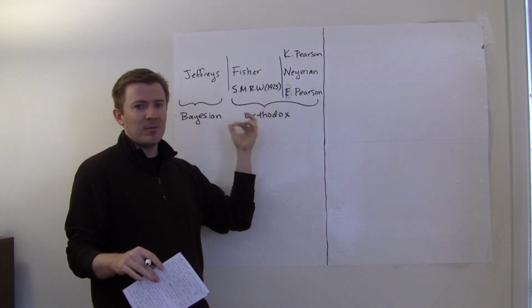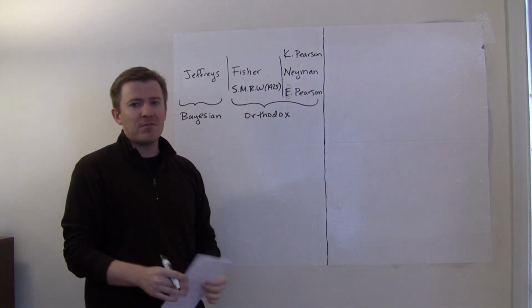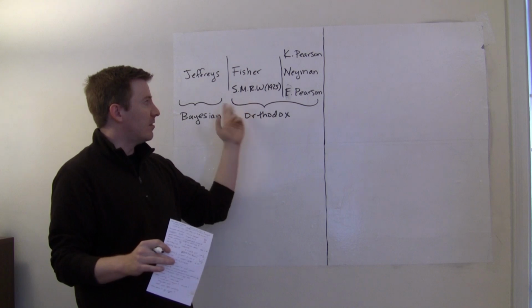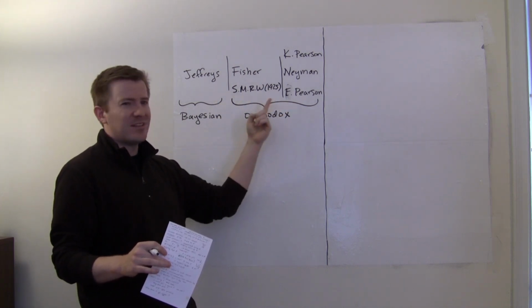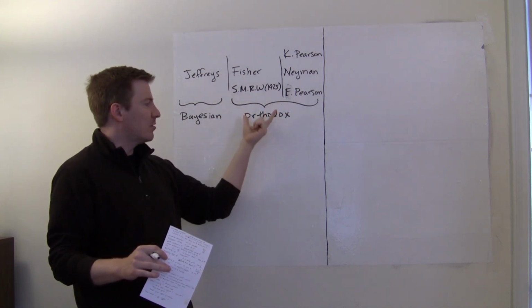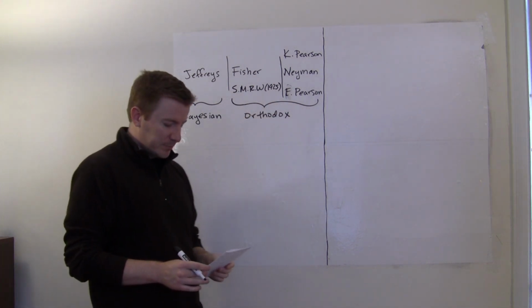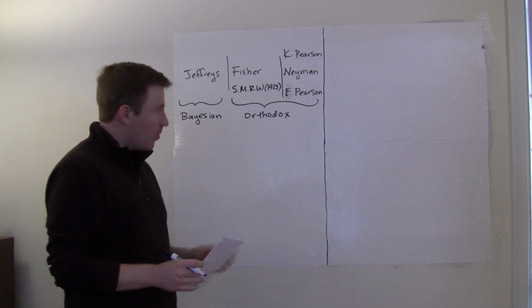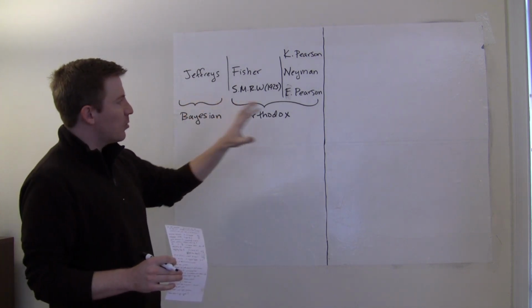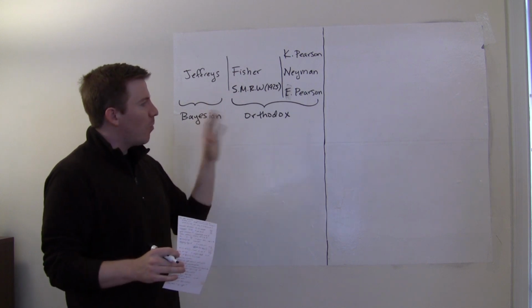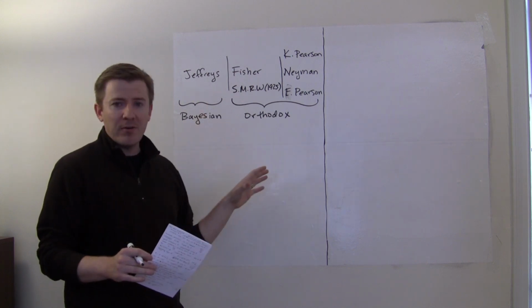Certainly these books, especially this book of Fisher's, became basically the dominant book in this field, and everything that we now understand as statistics in some ways traces back to the influence of one of these people. So they disagreed with each other very, very publicly and very acrimoniously. What is it that they were arguing about?